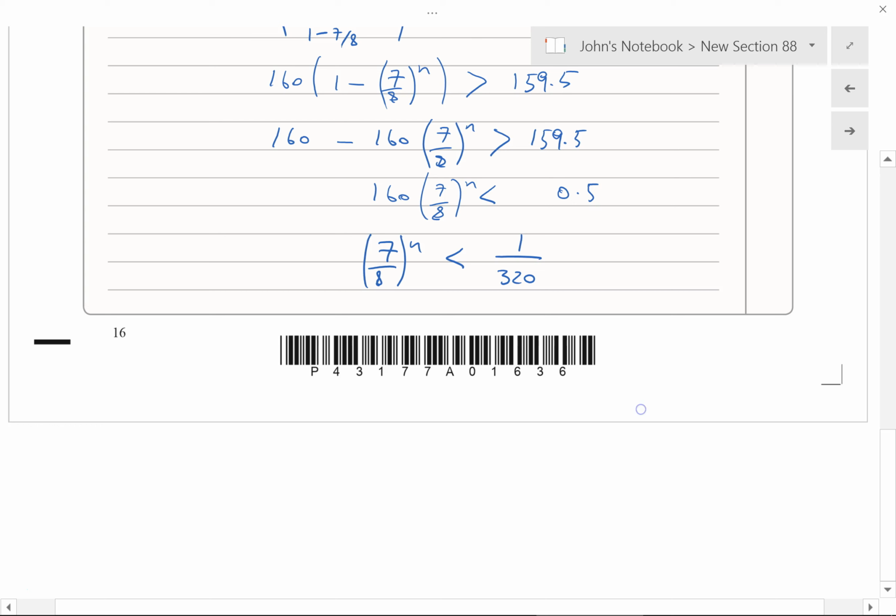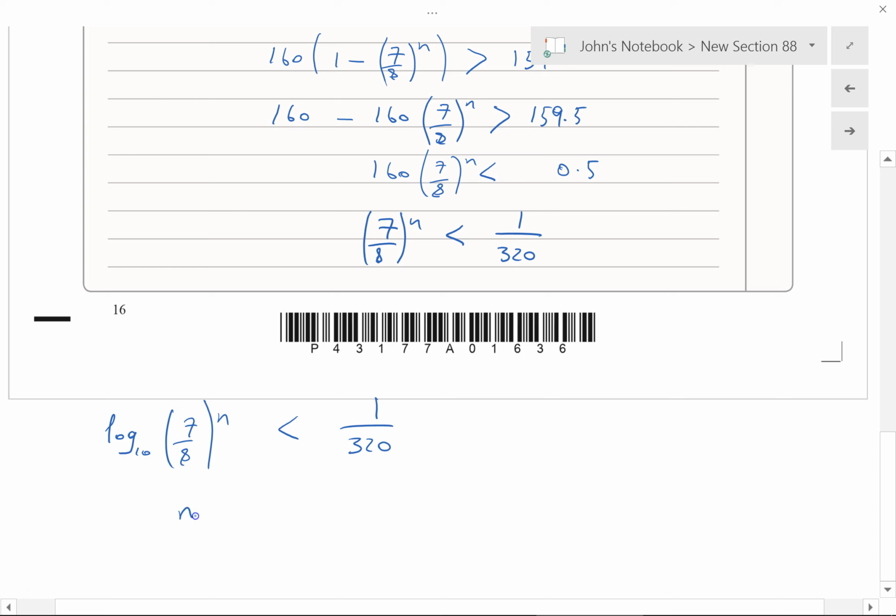I'm going to take logs both sides: log base 10 of 7 over 8 to the n has got to be less than log of 1 over 320. So using the rule of logs, n log base 10 of 7 over 8 is less than log of 1 over 320.